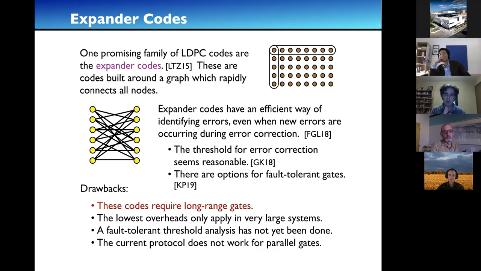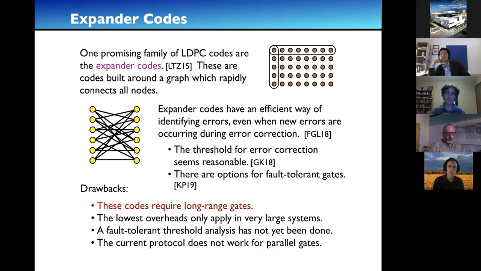And then there are some other caveats, things that need to be improved about this protocol. For instance, there's a theoretical result which says that, yes, we can achieve an overhead that's just equal to the overhead of the error correction code, which is reasonable.